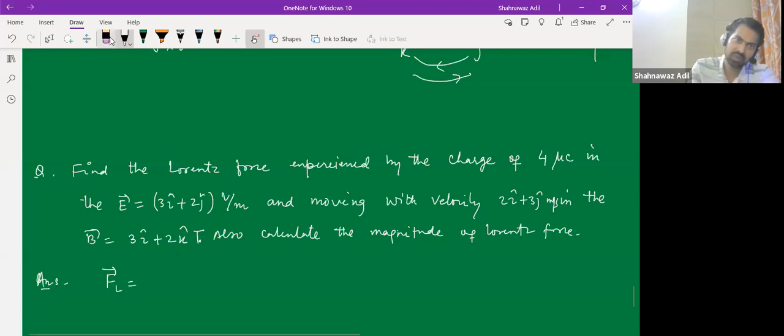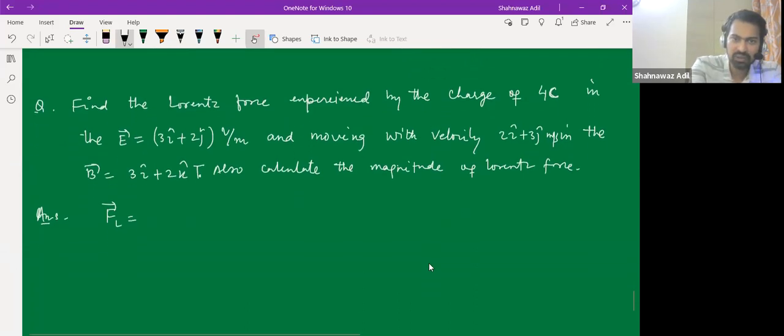So let me simplify the question. This is only 4 coulomb, right? Don't think about the small charges. So this is 4 coulomb. And whenever you guys have calculated, please tell.